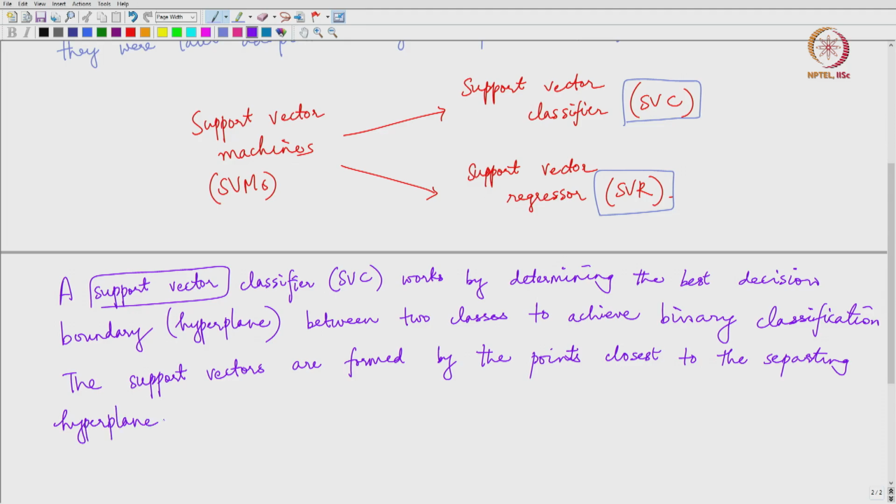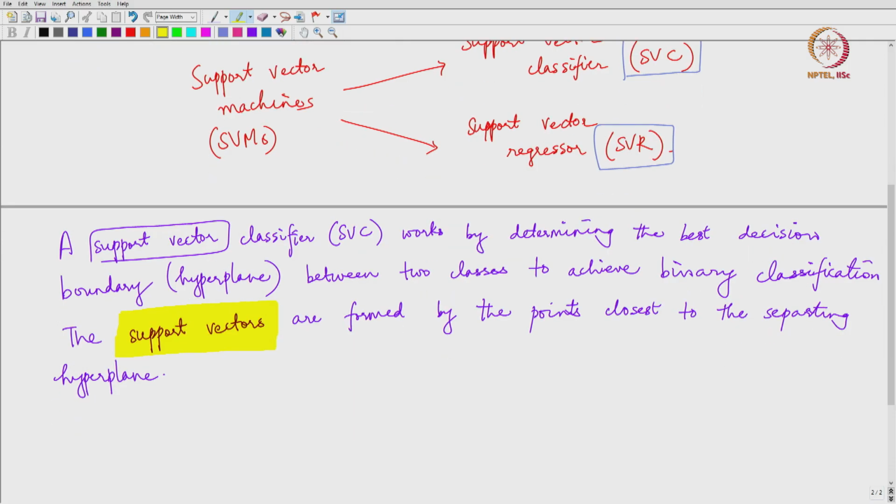That is why the algorithm is called a support vector machine, because the algorithm relies very crucially on the decision boundary, the hyperplane which separates two different classes, and the points which are closest to this decision boundary are the support vectors and they decide how well the algorithm works. Therefore, the algorithm was named support vector machines.